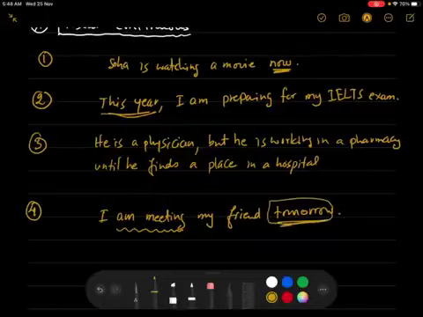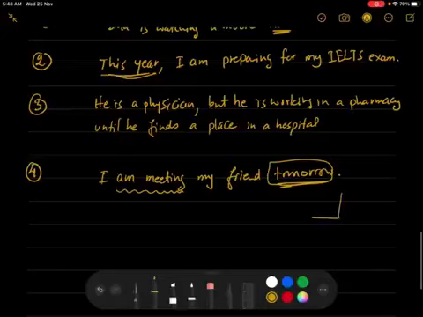Here is the present continuous with a future time marker like tomorrow. We use this format if we want to express a planned future activity, and we have a strong will to do it. I am meeting my friends tomorrow. It means I have a plan and I am totally determined.